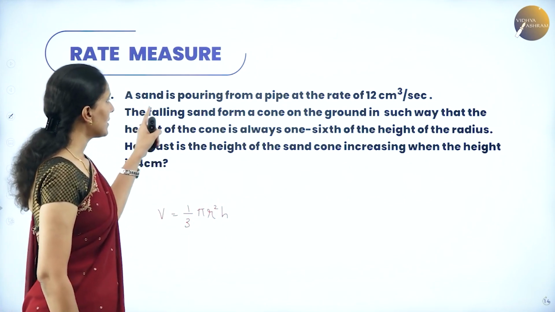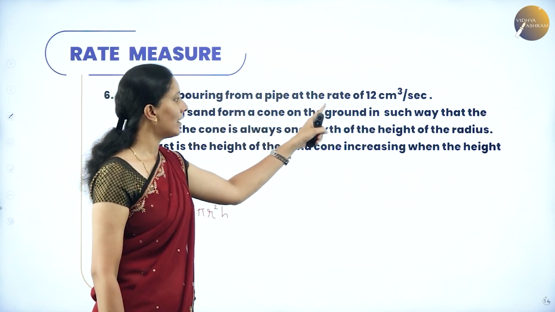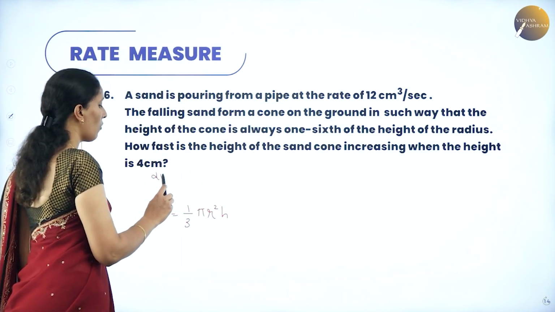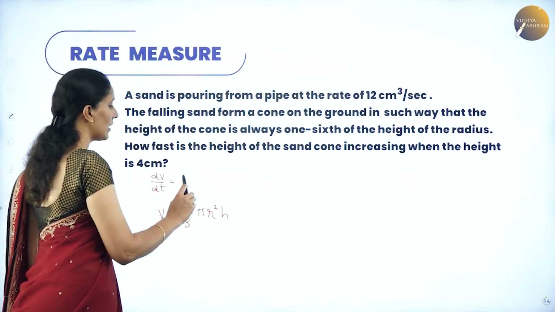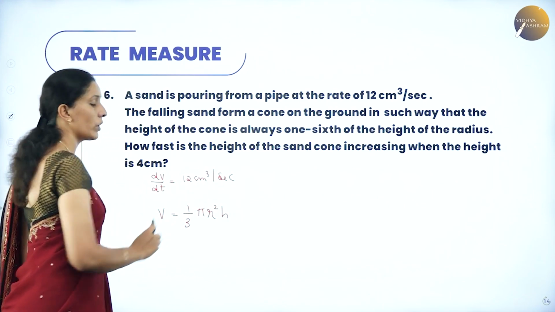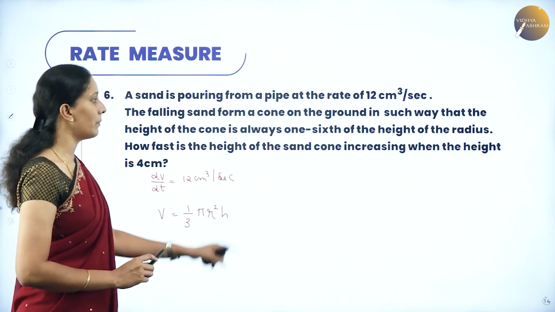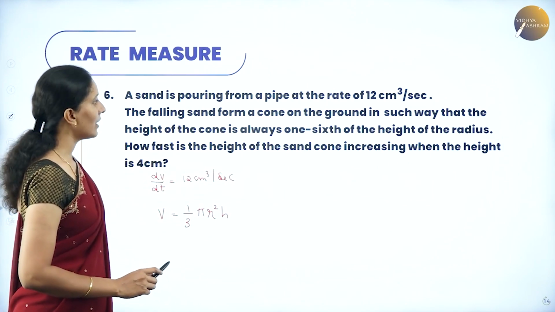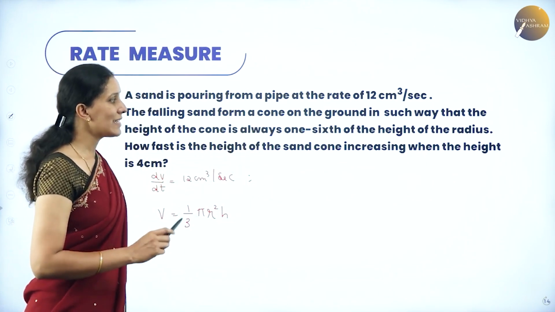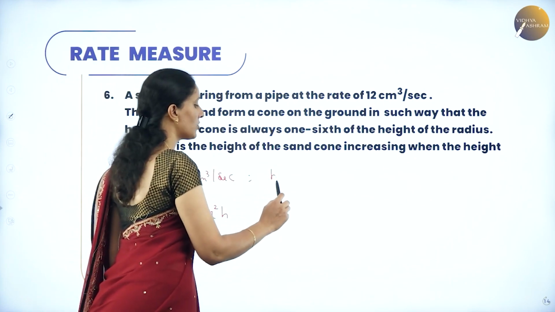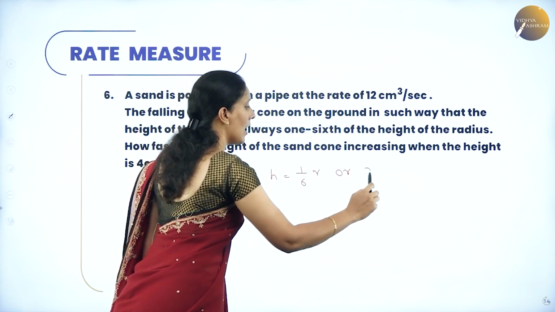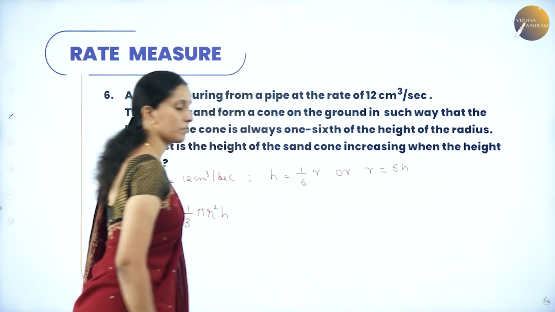Now what is given? The sand is pouring from the pipe at the rate of 12 centimeter cube per second. That means the change in volume is given, that is 12 centimeter cube per second. So volume is always denoted in cubic units. Next it is given that the height of the cone is always 1/6 the radius, that is h is equal to 1 by 6 r, or you can take r is equal to 6h.